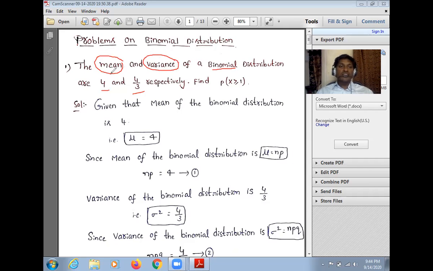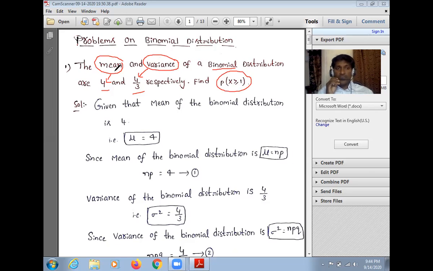It means the mean is 4 and the variance is 4 by 3. And they asked to calculate P(X ≥ 1).